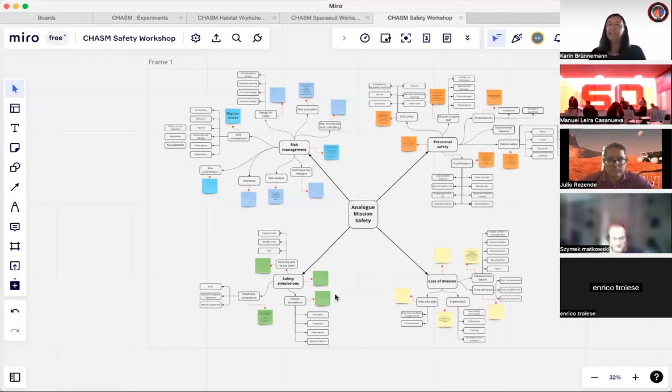The training and risk and safety monitoring throughout the mission is very important, and not just at the beginning. Simon?